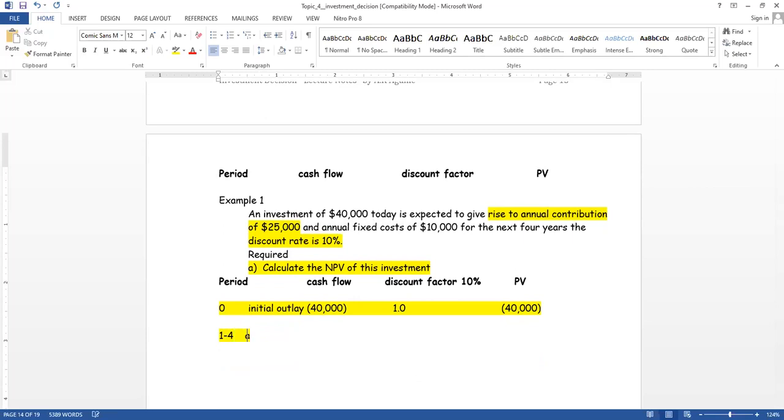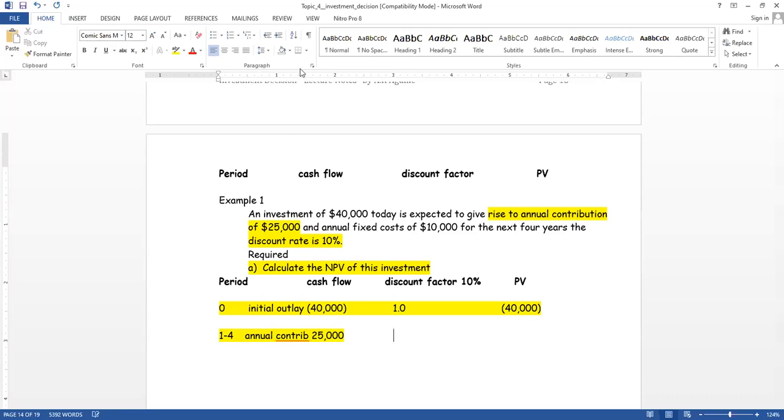So I have annual contribution of 25,000, and it is an inflow. Go to the tables.